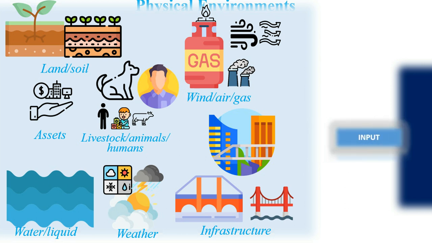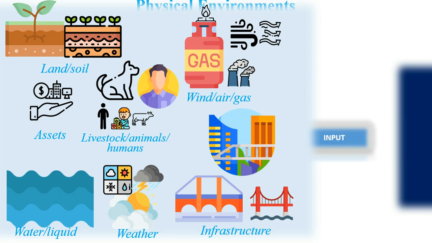Now we know that we have these physical environments. I've just highlighted these because these are the most common ones, but the most common ones are land, air, and liquid. These are the three main physical environments.